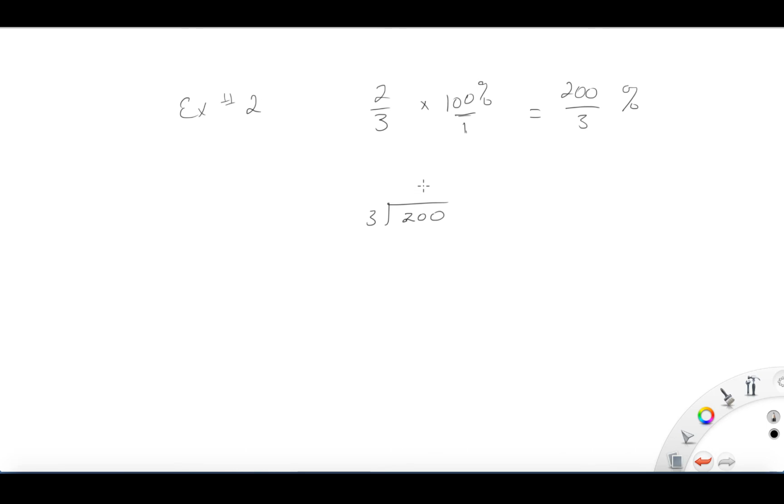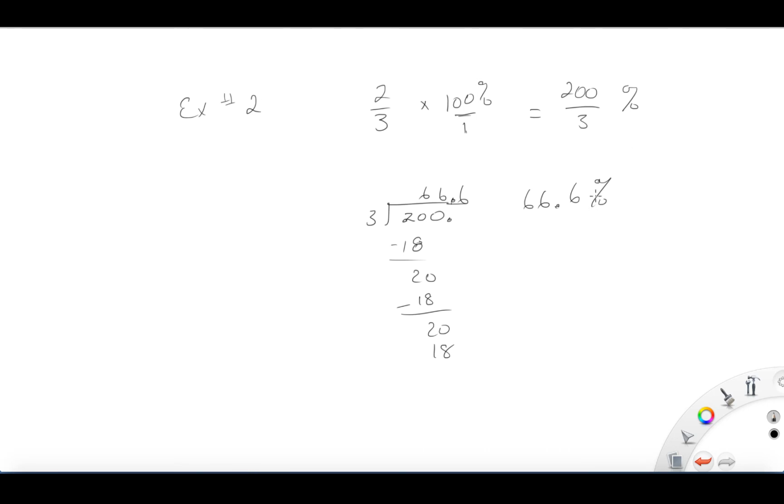And we know that 3 goes into 20 6 times, and it's going to keep giving us these decimals, so 66.6%.